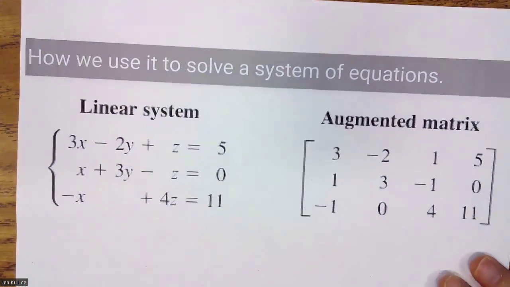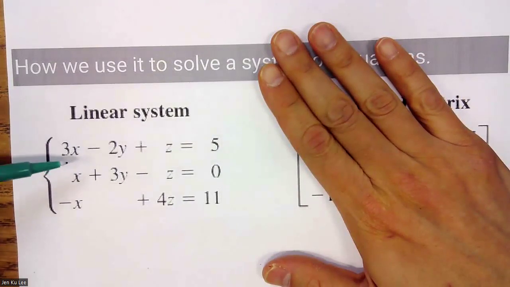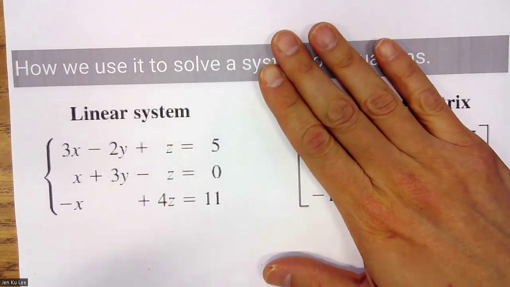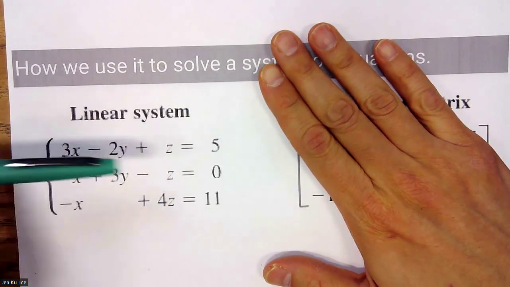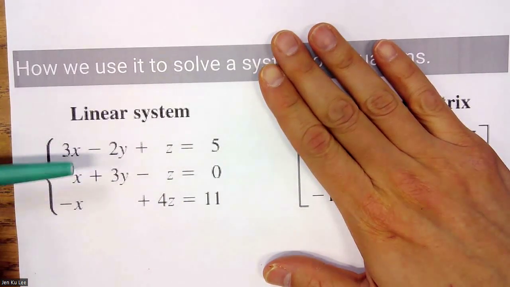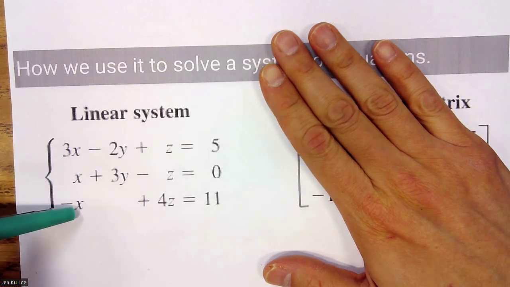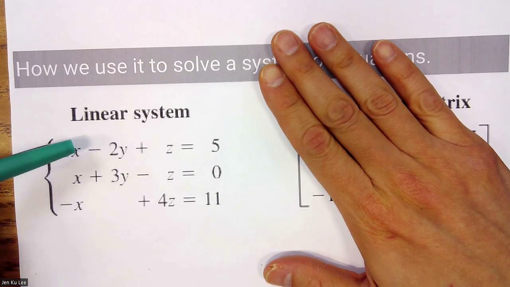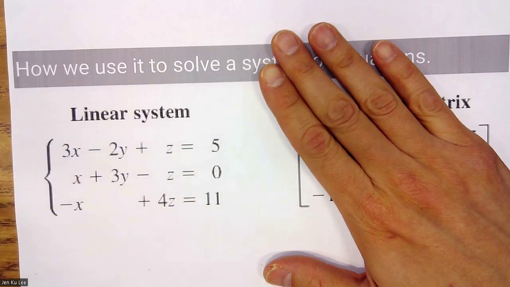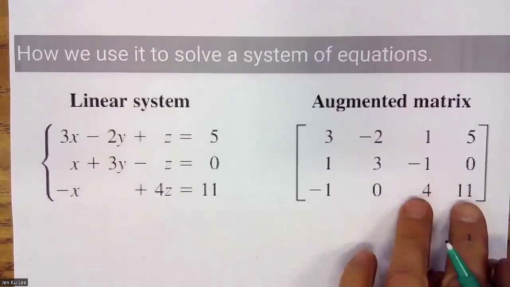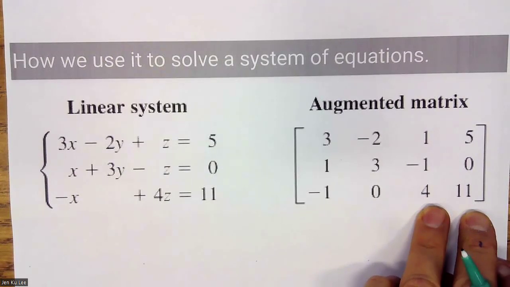And how we use it to solve systems. This is your linear system that we've been dealing with, like 3x minus 2y plus z equals 5. There are three equations and three variables. To make this a matrix, we're going to get the coefficient of everything and just put it in this type of matrix.